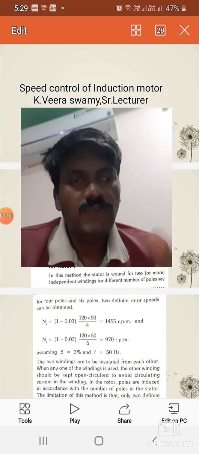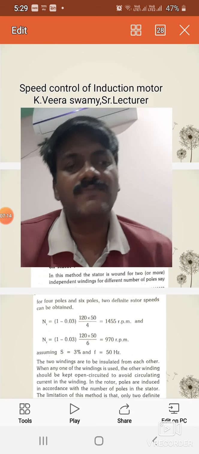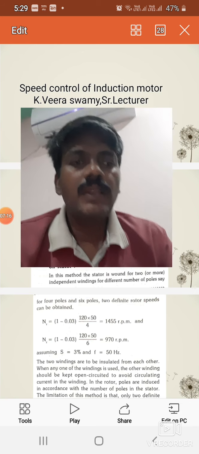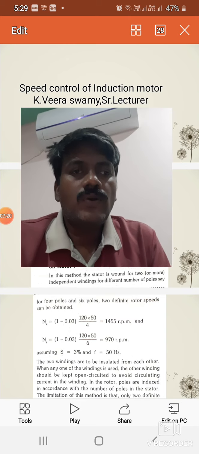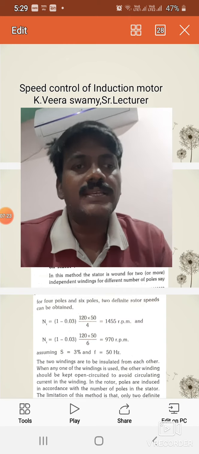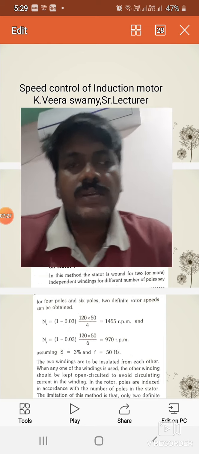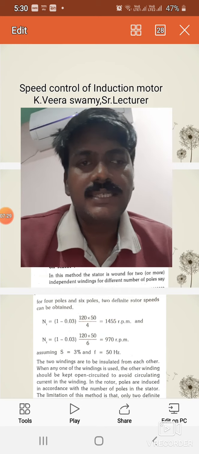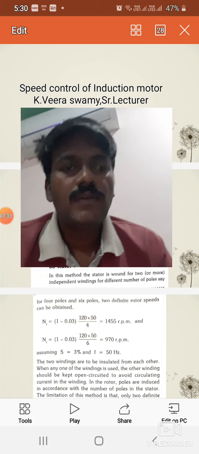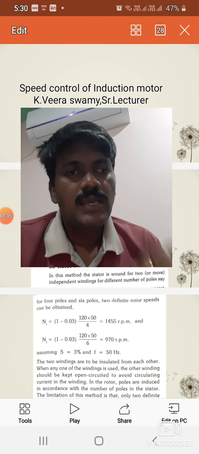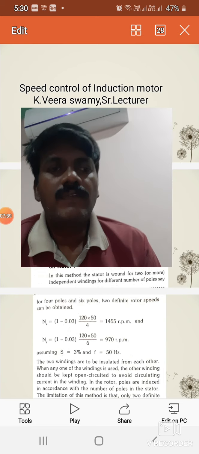E is proportional to flux into frequency. Suppose the flux increases or decreases, the induced EMF changes, right? To maintain a constant voltage, when the frequency decreases, the flux increases. Flux increases, right?